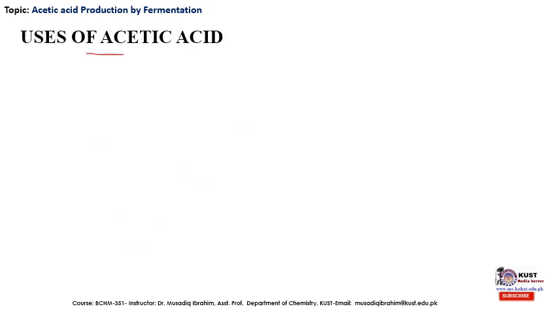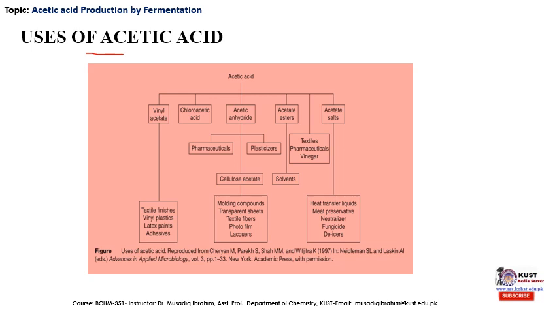Now moving towards the uses of acetic acid. So first of all, acetic acid is being modified into different types of chemical compounds. For example, vinyl acetate, which is used in textile finishes, vinyl plastics, latex paints, and adhesives. Another modified form of acetic acid is the chloroacetic acid.